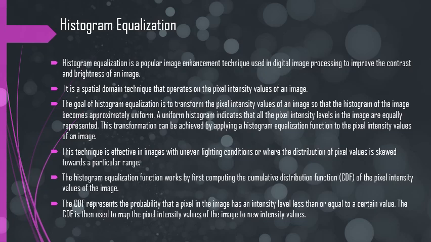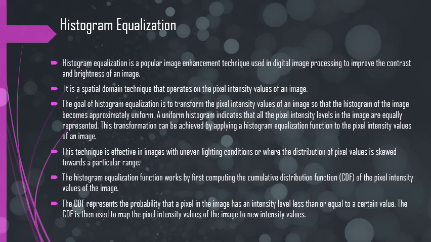Histogram equalization is another technique where we can enhance the image. It is a popular image enhancement technique which is used in digital image processing to improve the contrast and brightness of an image. It is a spatial domain technique that operates on the pixel intensity values of an image. The goal of histogram equalization is to transform the pixel intensity values of an image so that the histogram of the image becomes approximately uniform.